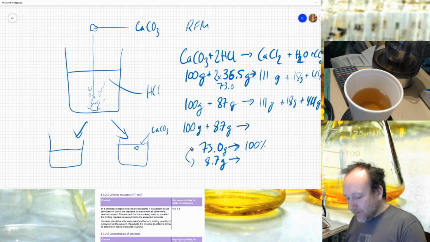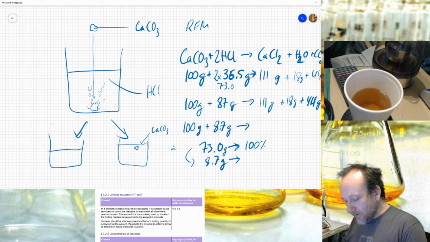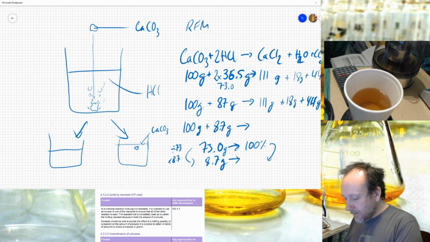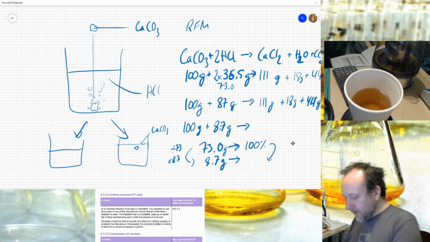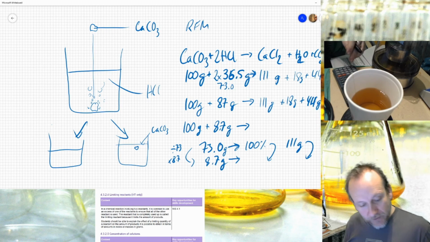How do I get from 73 to 8.7? Again, ratios are everything here. I divide by 73 and multiply by 8.7. I can do that in percent, or I can do that with the actual amount in grams. So it depends on what you're being asked for.